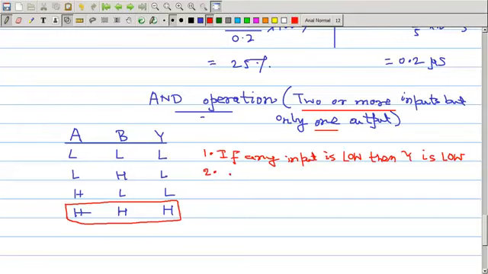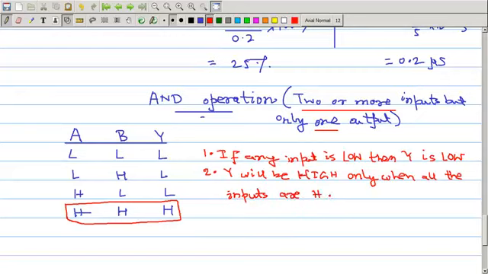What is the second observation? Capital Y will be high. When will it be high?